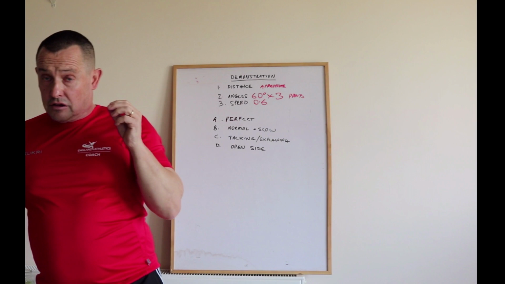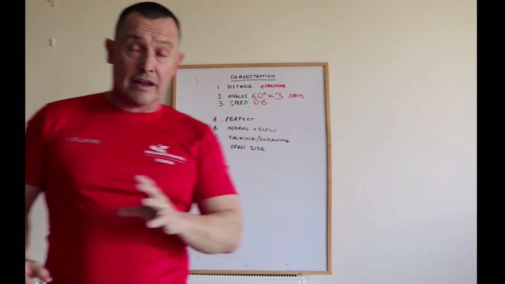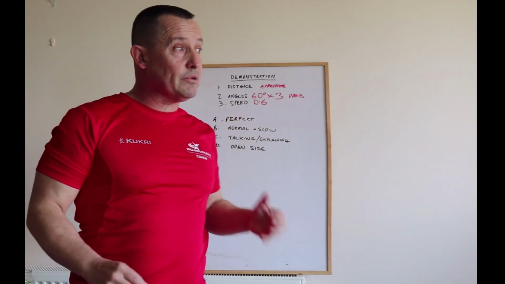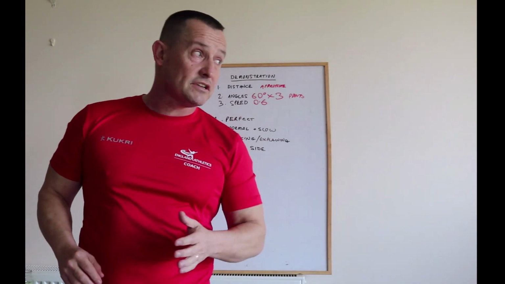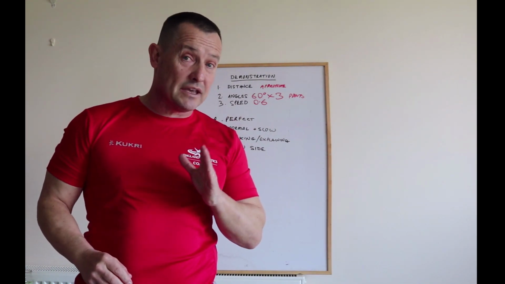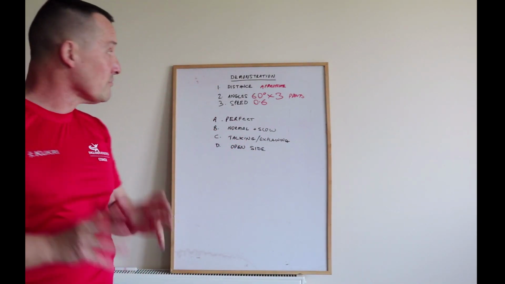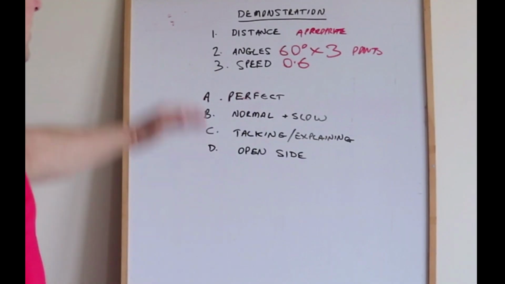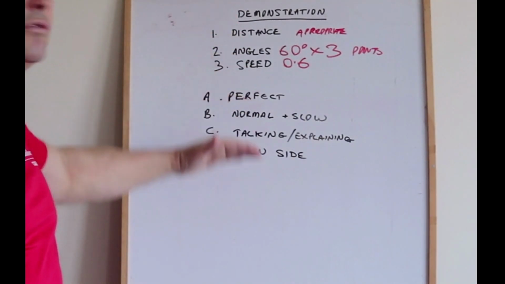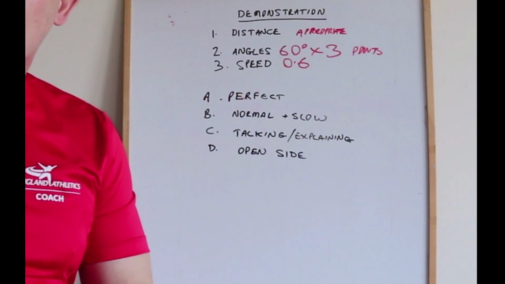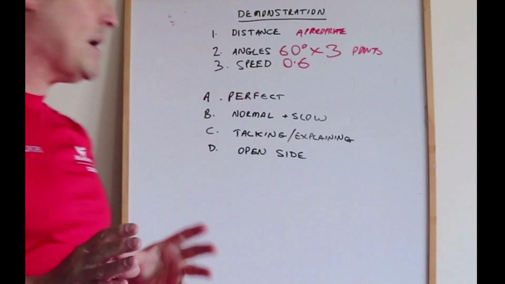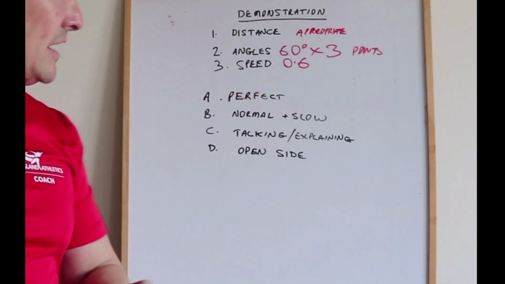Now, there is a time, and I'm going to explain this later, where we have to break this rule, and there's a very good reason. I'll explain it in detail when we get there, but sometimes rules have to be bent. But these are your things that you need to really consider when you're thinking about demonstrating perfectly.